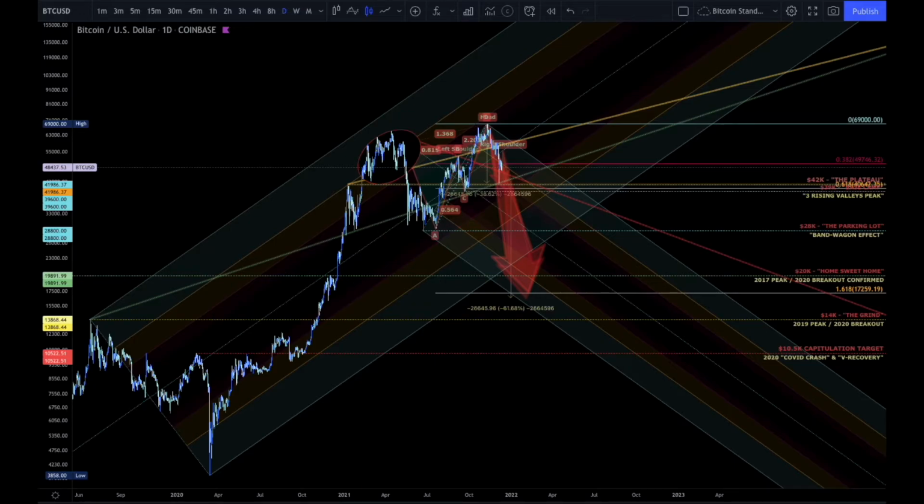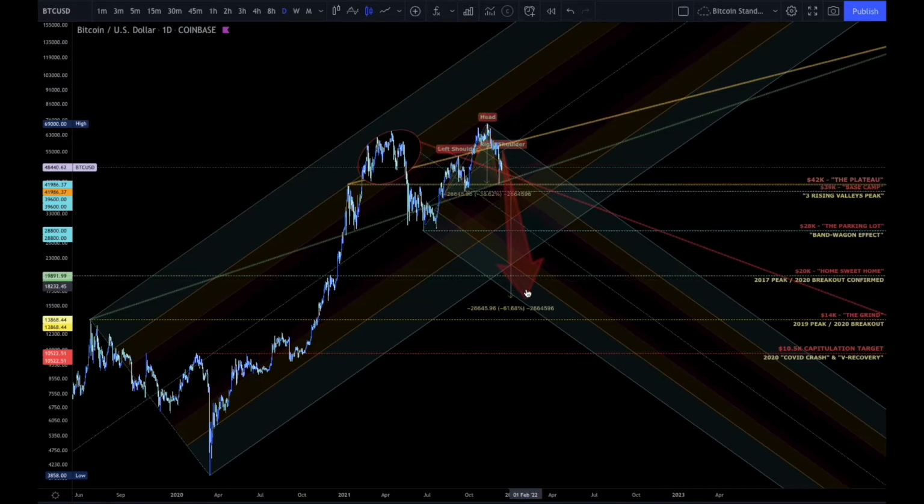The difference between them is that in the butterfly pattern, we just continue dropping, and in the head and shoulders pattern, we rise a little higher, which we've been doing in the last 12 hours, as I mentioned, all the way up as high as we can get, and then fall over. That's really the only difference between the two, but for the sake of clarity, I'll leave the head and shoulders in place. Look at some of these downside targets.